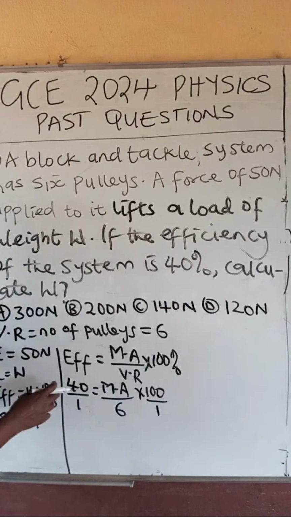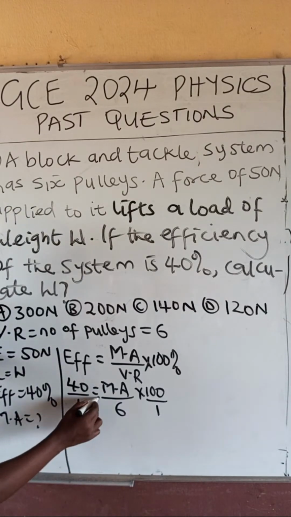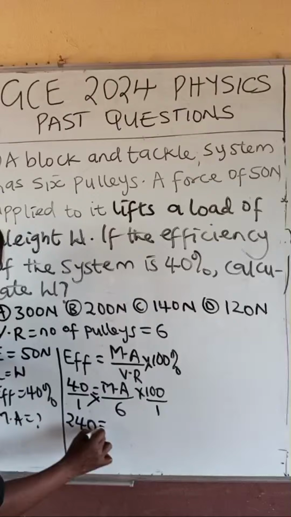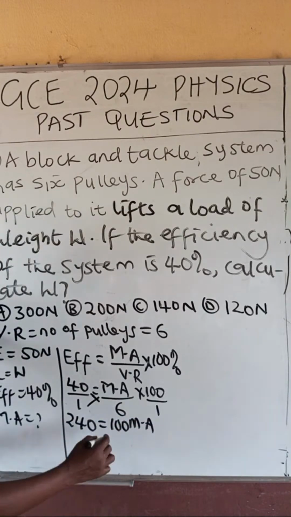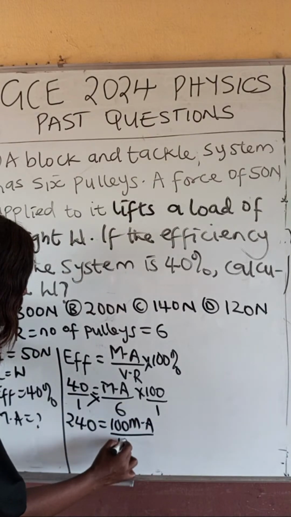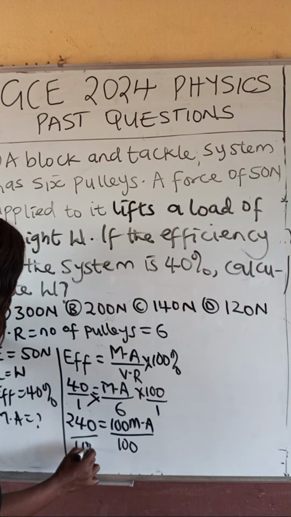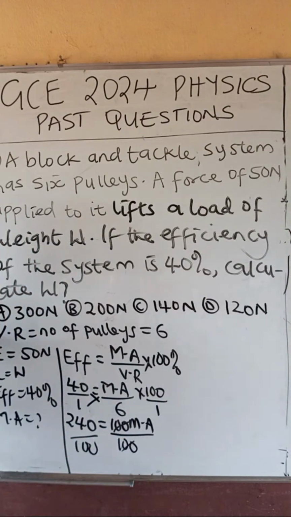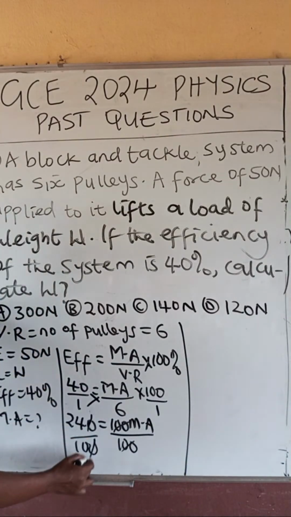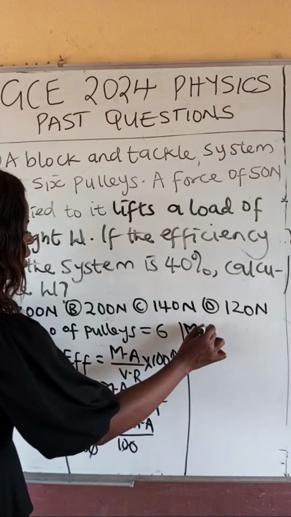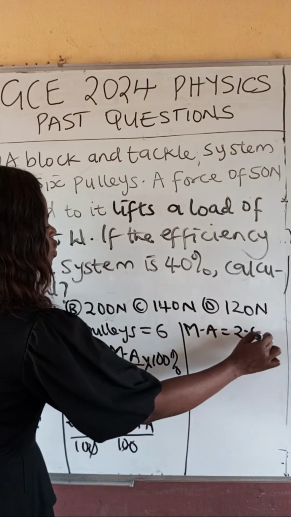By the time you multiply, you're going to get the same cross, which is equal to 100 MA. Then I divide both sides by 100. This cancels this, right? So what will be my MA? My MA is equal to 2.4.